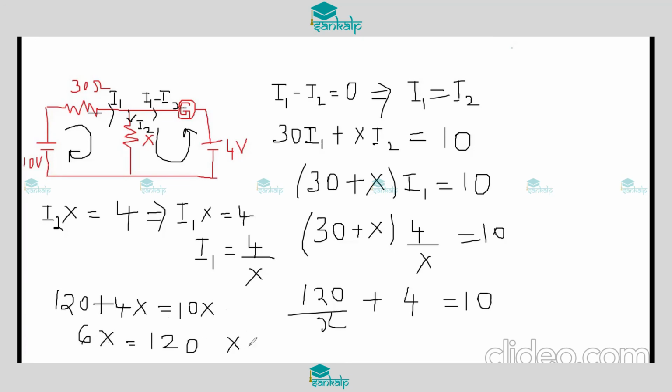So X is equal to 120 divided by 6. So 6 ones are 6, 20s are 120. So what is your X value? X value will be 20 ohm.